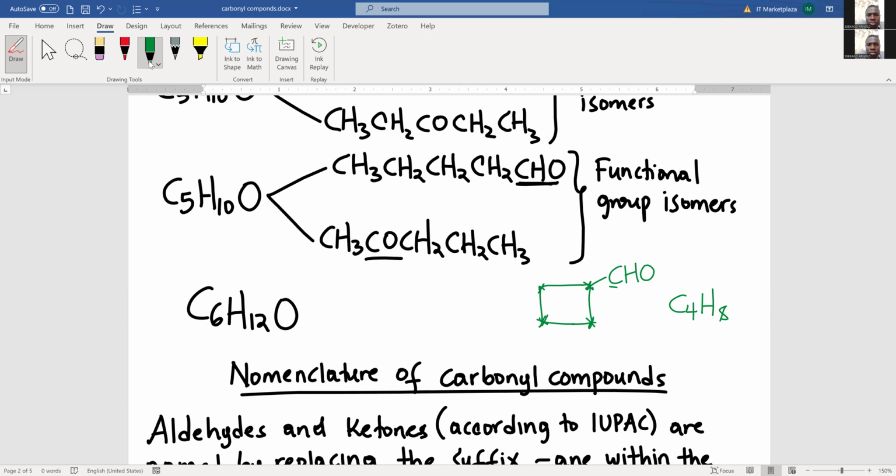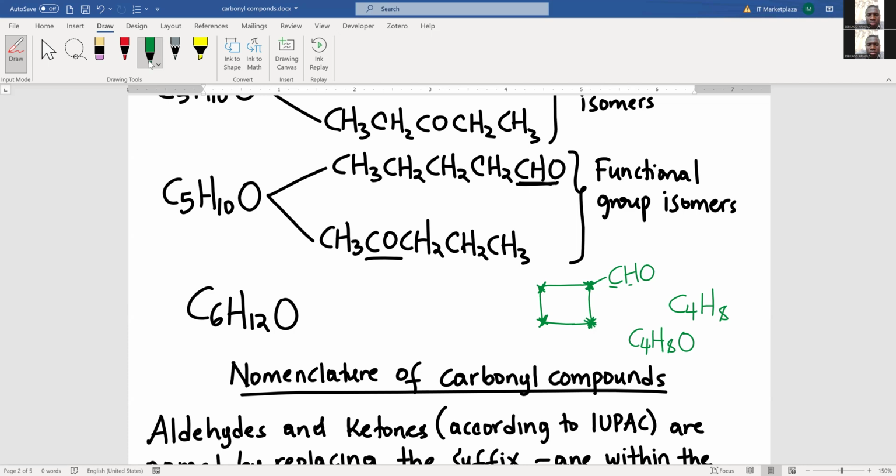Then hydrogens, at this corner I have 2 plus the 2 hydrogens here, those are 4. These are 6. Then here I have 7, 8. Then this is C4H8. I think it is C4H8. Oh, yeah, C4H8. Still, I failed to generate one.